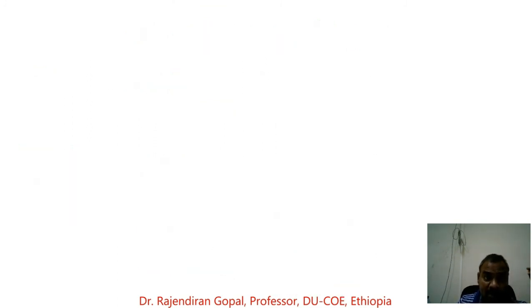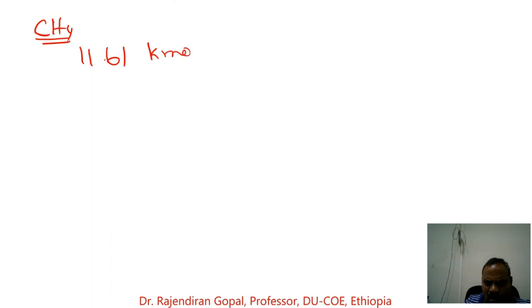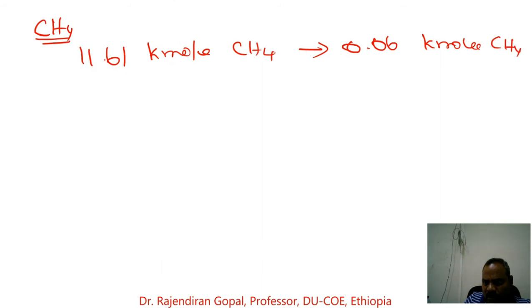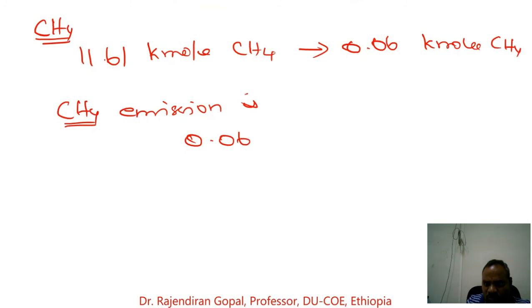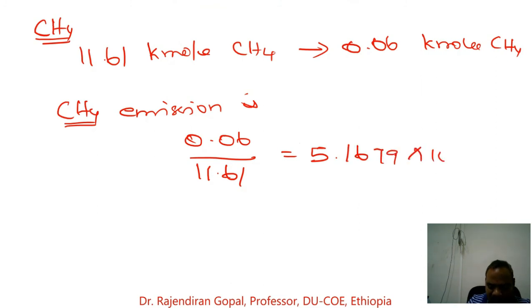Similarly, the unburned hydrocarbon in terms of methane in the exhaust CH4. 11.61 kilomole of methane comes out as exhaust as 0.06 kilomole of methane. Then the methane emission is 0.06 over 11.61, that is equal to 5.1679 multiplied by 10 to the power minus 3 gram of methane per gram of methane.